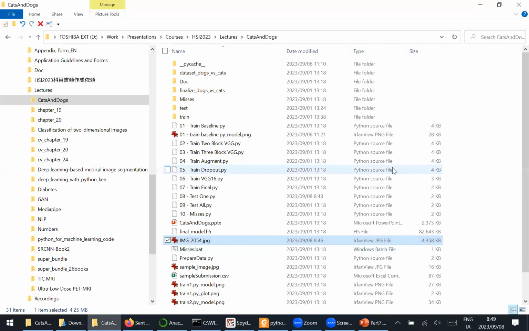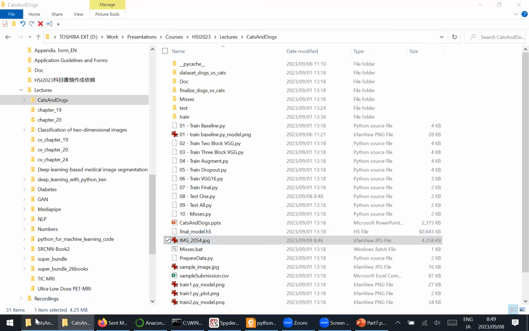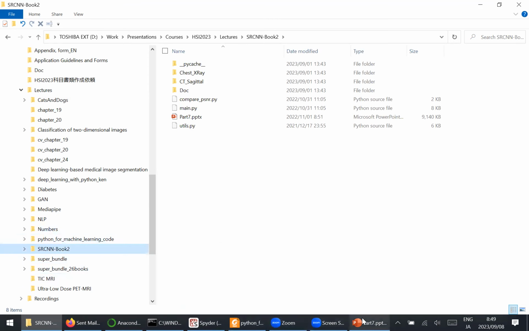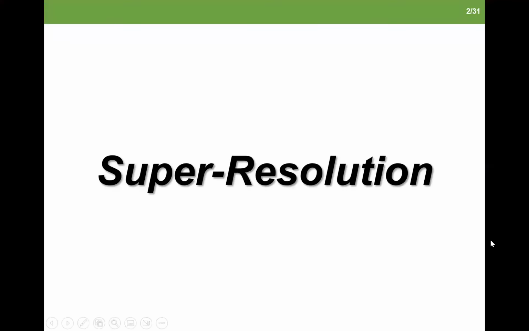Today I wanted to talk about super resolution. I think this is very, until now we've been talking a lot about classification, but a whole other branch of AI is super resolution.